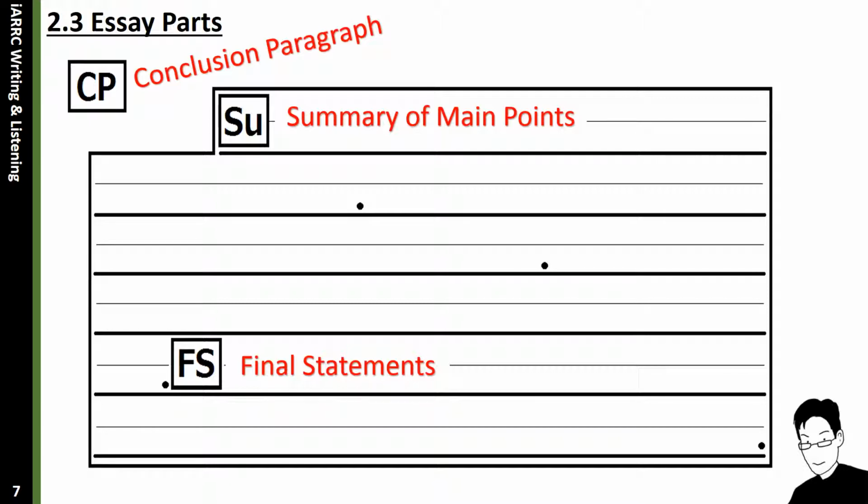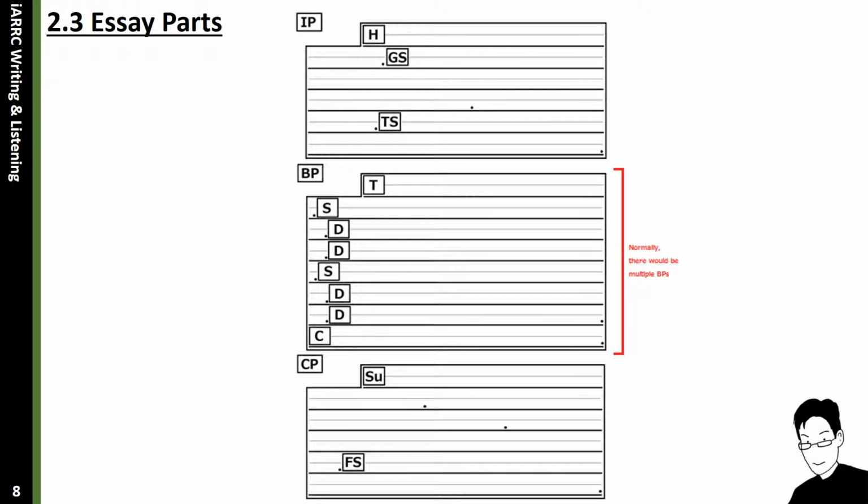These essay parts, when put together, would look something like this, as an image. Normally, of course, there would be multiple body paragraphs, but for the moment, this image, this vision of what your final essay will physically look like, is very, very useful and important to consider.